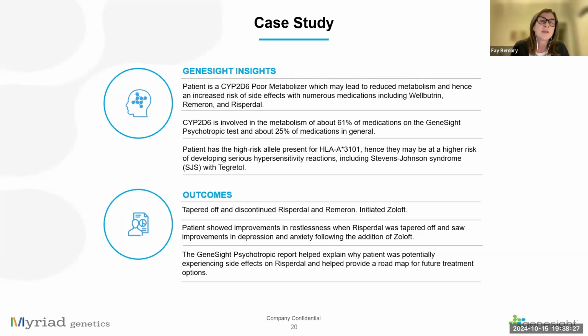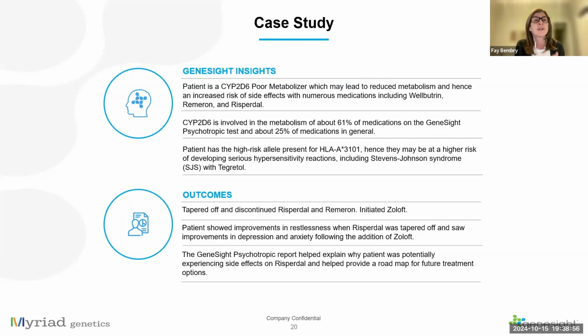So what we ended up doing was slowly tapering off Risperdal. We went ahead and stopped the mirtazapine, or Remeron, because it was already a lower dose. We went ahead and initiated some low dose sertraline. We were able to taper this patient completely off of Risperdal and saw improvements in both depression and anxiety with the sertraline.